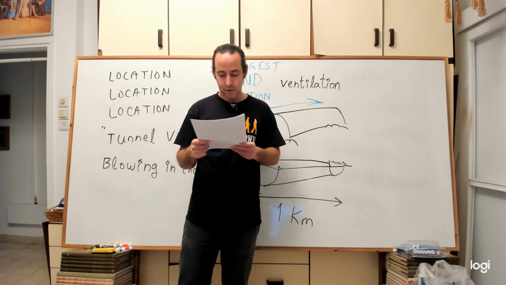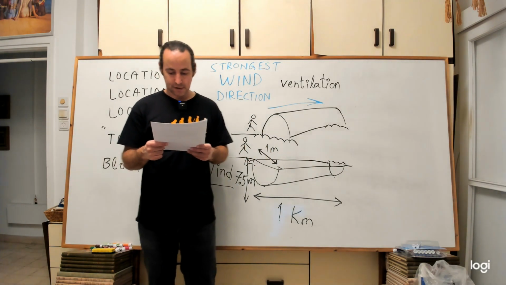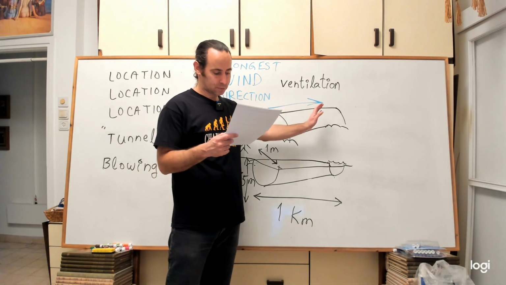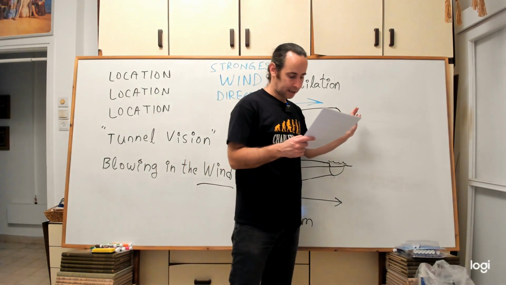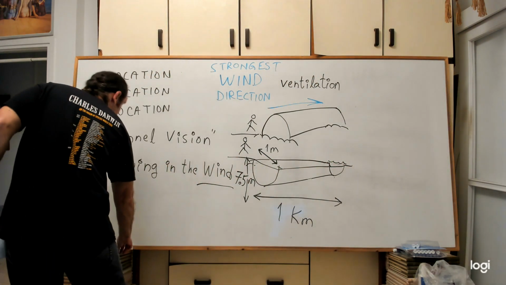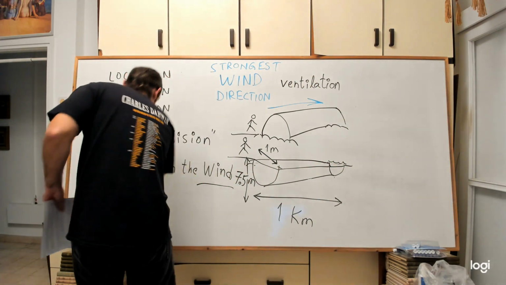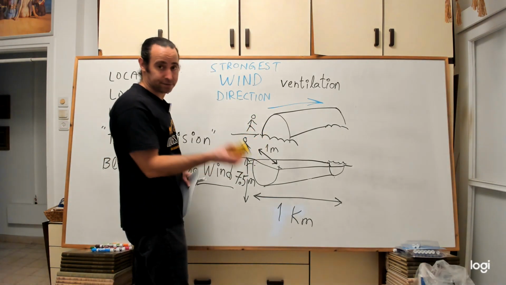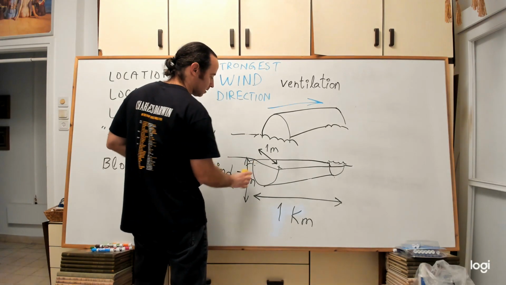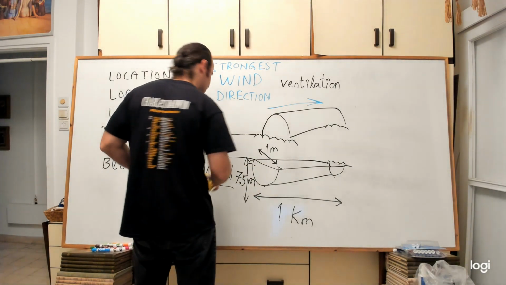Anytime we open the door in both ends of the tunnel, the wind pushes new air into the tunnel, which pushes the old air in the tunnel to the outside. So this is like the entrance. It's not for people, it's for the air. I'm just drawing the people so you understand what is above the ground, what is below the ground.